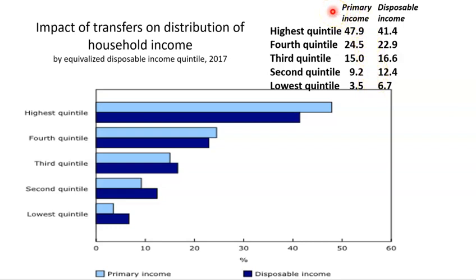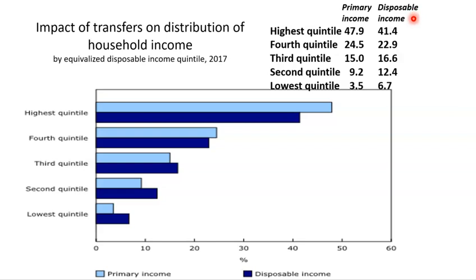Here I've labeled primary income. That's the same thing as what I've been calling market income. Disposable income, on the other hand, includes the effect of taxes and transfers. And that is transfers of cash. I'll give you an example of what those are in a minute.